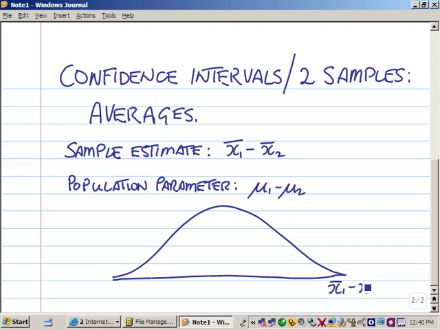This is the sampling distribution of x bar 1 minus x bar 2. The middle of this distribution is mu1 minus mu2. We have a true standard deviation also, but in this case what we're trying to do is to estimate where the middle of this distribution is, right? The mu1 minus mu2.